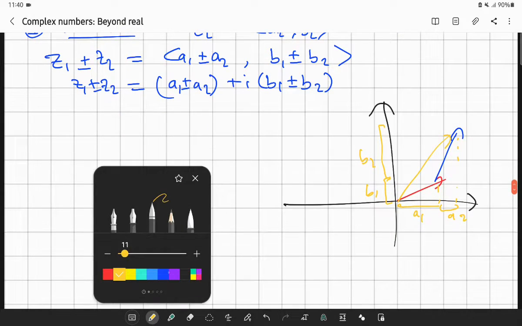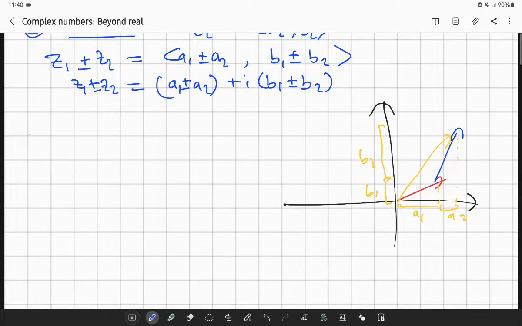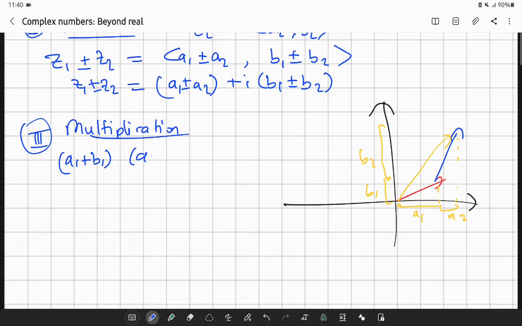Let's now move on to multiplication. For multiplication, I have a1 plus ib1 times a2 plus ib2 equals z1 times z2. Now I'll just do this as a regular multiplication, like you would multiply any quantity like this.